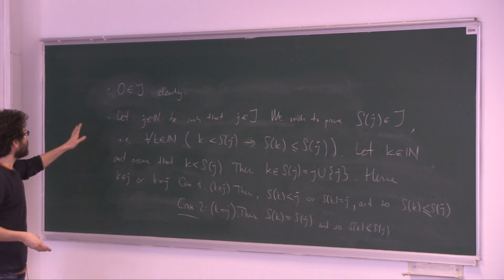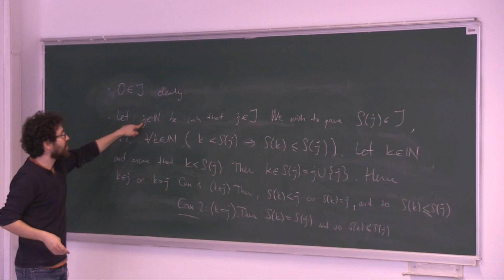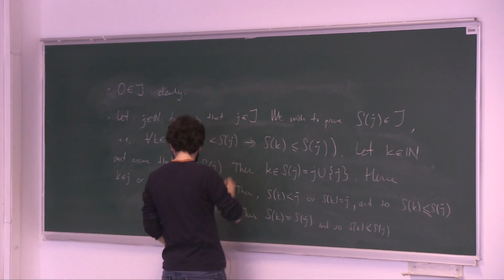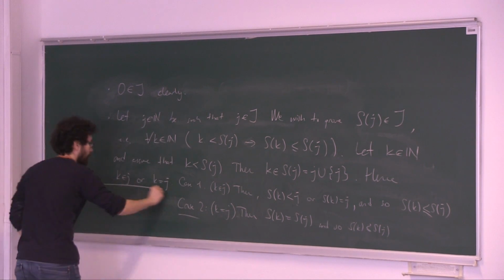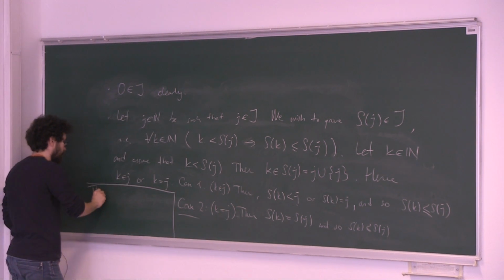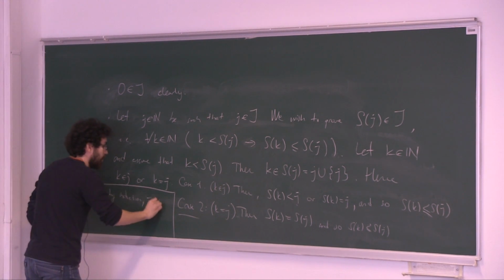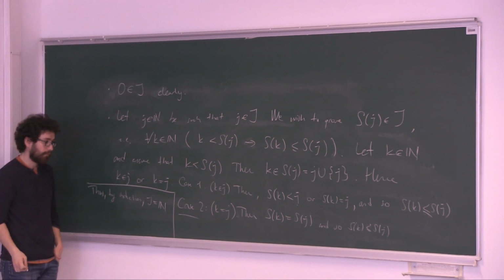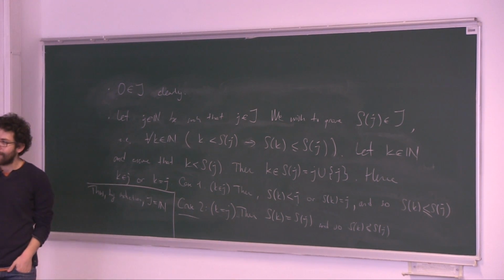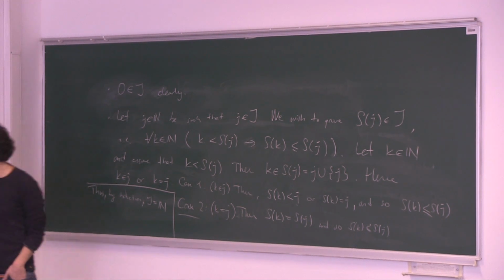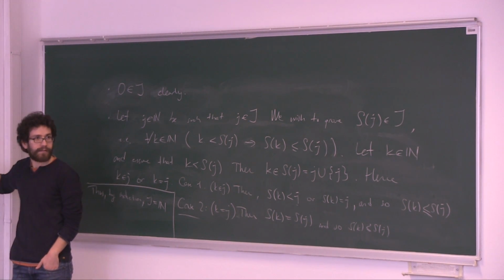Okay. So what have we proven? We have proven that whenever J is in the set, S of J is in the set. Thus, let's create a little box here. Thus, by induction, the set J is all of N. So this is true for all J, which means that I have just proven this statement in the orange box.